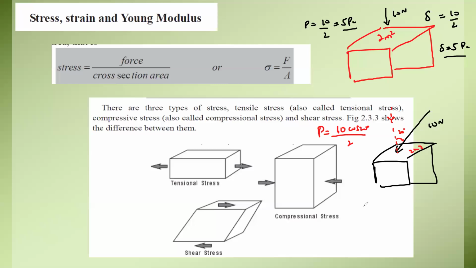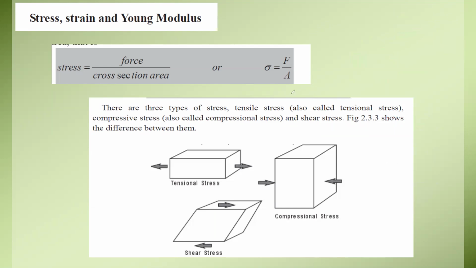That will be the pressure. But when I calculate the stress, I will use 10 divided by 2 and get 5 Pascal. So when we talk about stress, we don't bother about the direction of the force. But in case of pressure, the force must be perpendicular to the cross-sectional area. The unit of pressure and the unit of stress are the same, and they have the same base units.